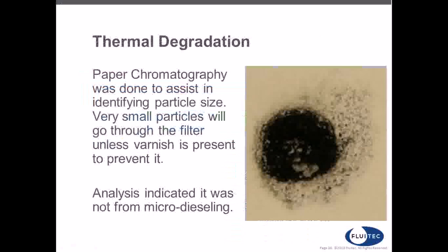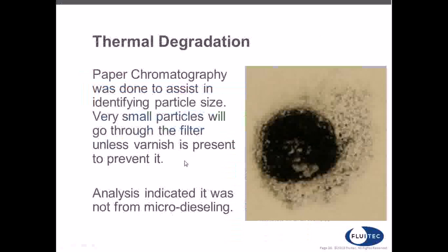This will really be useful in helping identify and separate out different sizes. And so we did this, and essentially very, very small particles are going to go right through this large filter paper, unless there's varnish in there that causes it to be sticky, and then it creates some interesting rings on the chromatography paper.